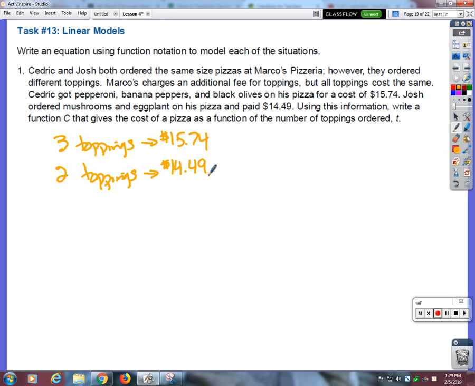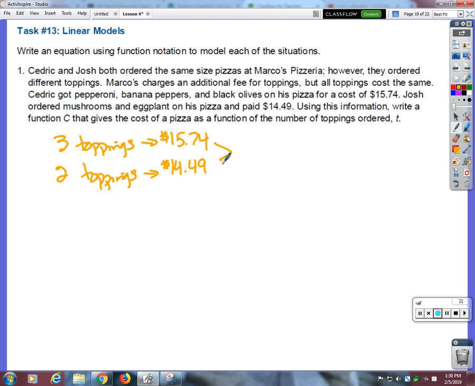No, it's close. It's close. You're just guessing. Okay. How much does each topping cost? Let's not just guess. How did you get $1.25, Matthew?